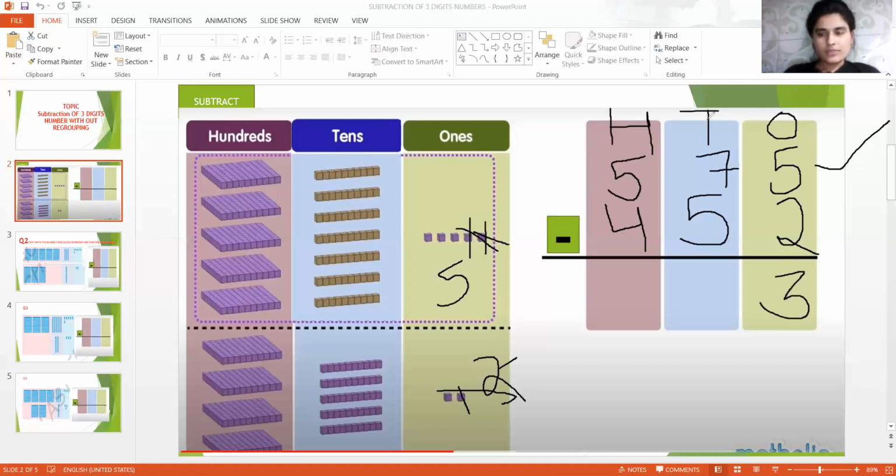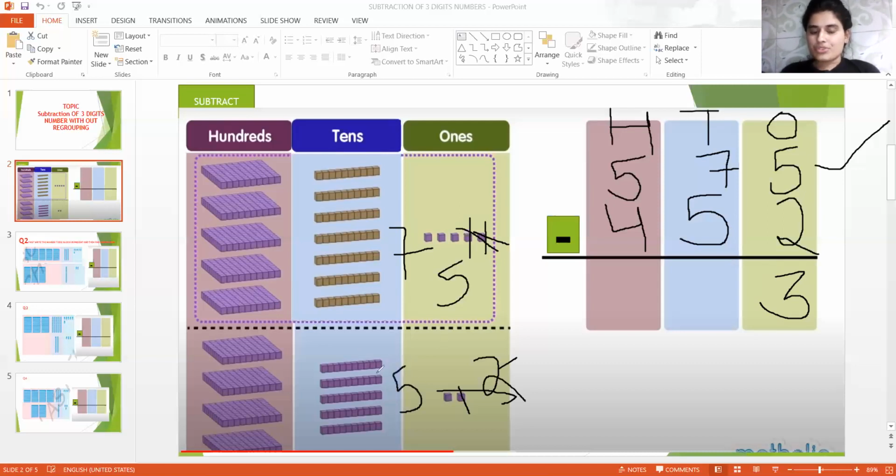Next we move to tens. How many tens here? We have 7 tens. We have counted 1, 2, 3, 4, 5, 6, 7. And here we have 5. So what we have to do?